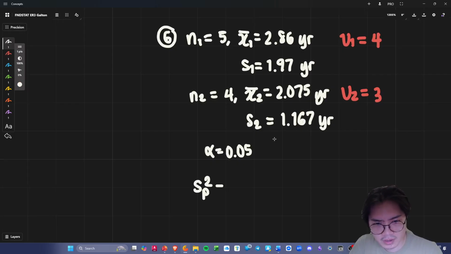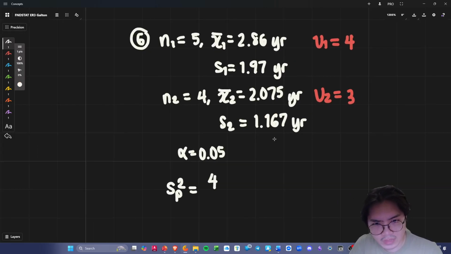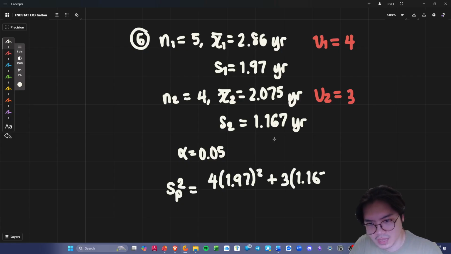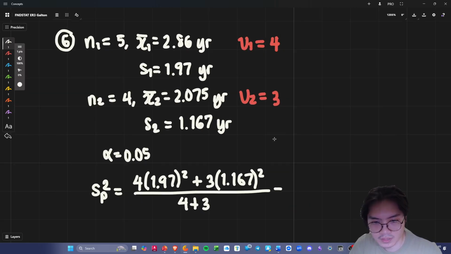Sp squared is going to be equal to 4 times 1.7 squared plus 3 times 1.16 squared, all over 4 plus 3.